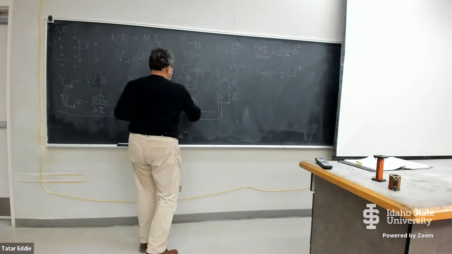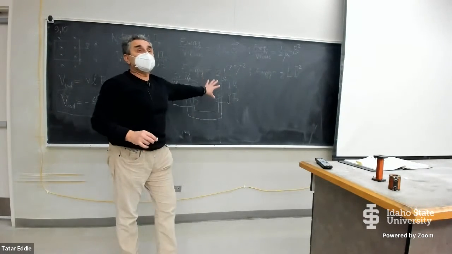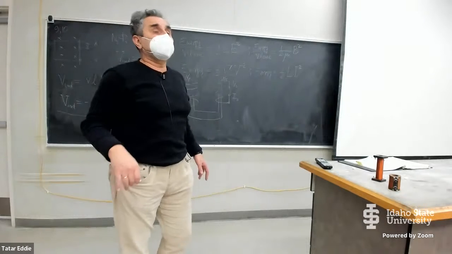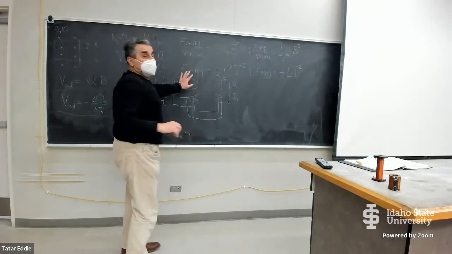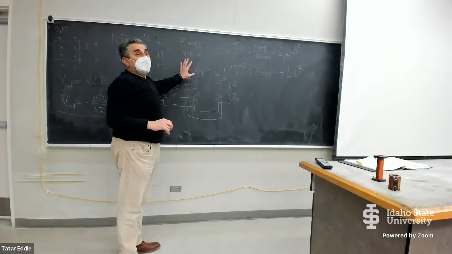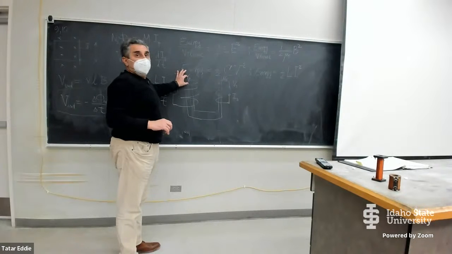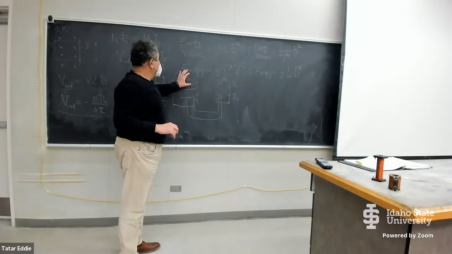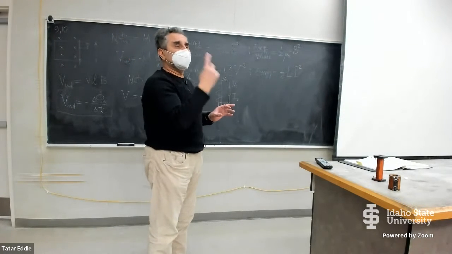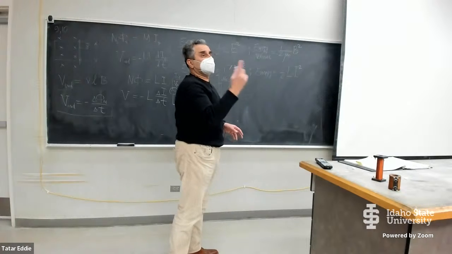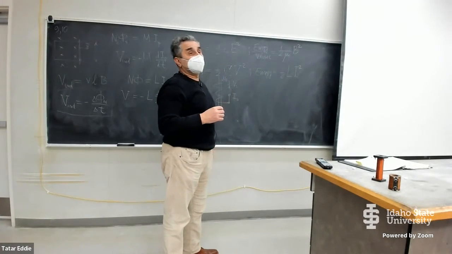So the magnetic field stays concentrated through this iron and doesn't stay much around. As a result, whatever is the magnetic flux through a single turn in the primary, the same magnetic flux through a single turn goes through the secondary coil.